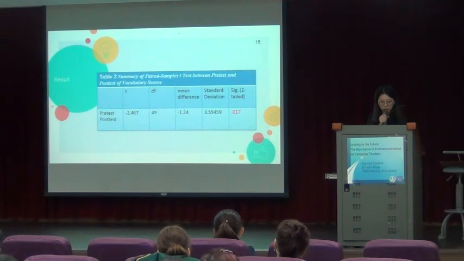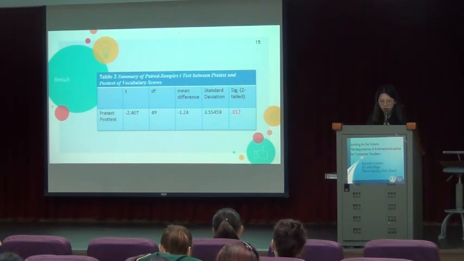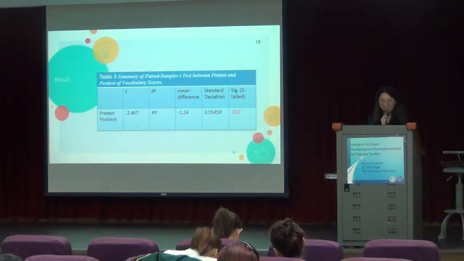Table 2 shows the summary of the paired samples t-test between the pre-test and post-test of vocabulary scores. The mean difference, in the fourth column, between the pre-test and post-test was 1.24, and the comparison indicates that there was a statistically significant difference between the two tests at the 0.05 level.